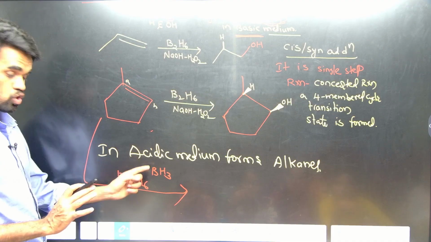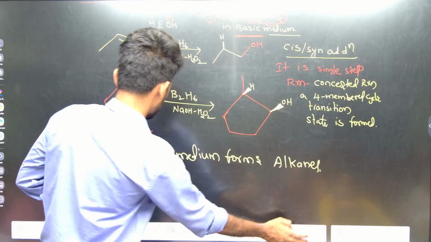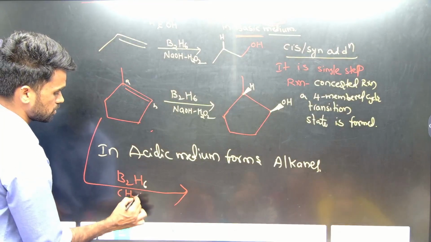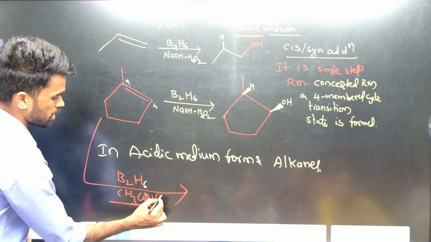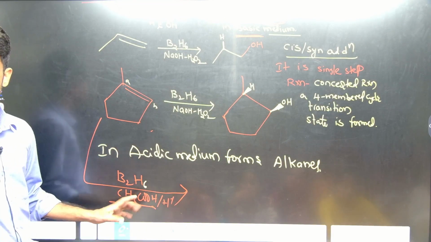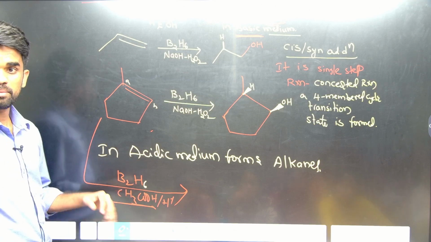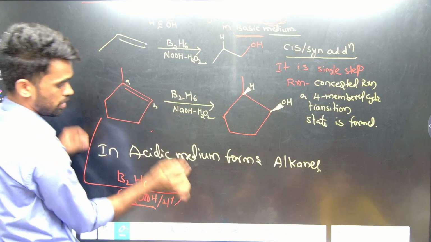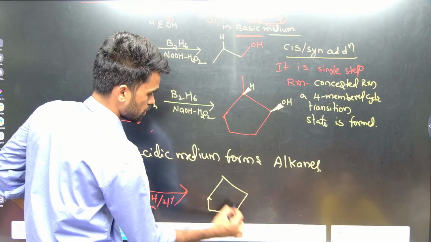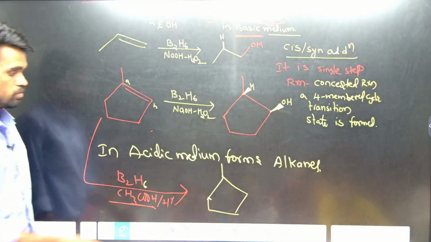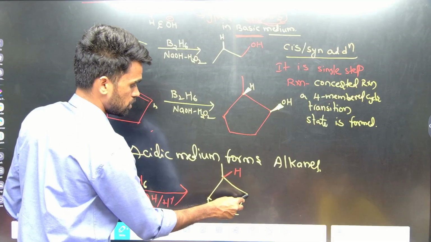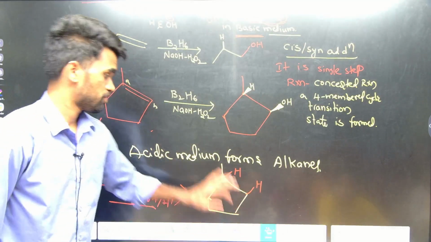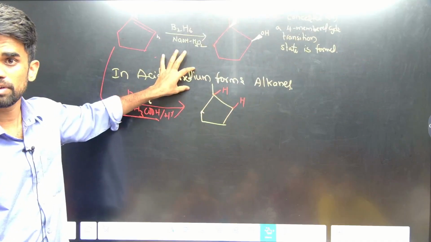No worries, you can say it like a monomeric unit. B2H6, acetic acid. See, this is acidic medium only now. Acetic acid, H plus ion like this. So what is the product formed? Alkane. Just remove the double bond, put one hydrogen here, one hydrogen here. So a simple alkane will be formed. That's it. Okay? Done up to here? Everyone?